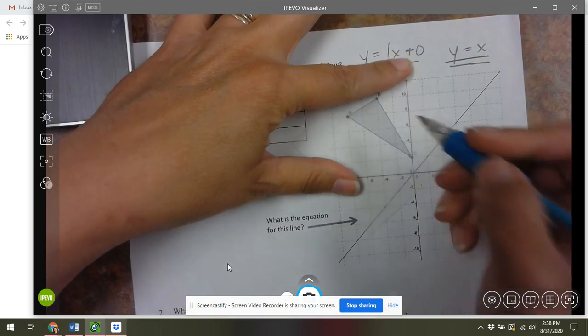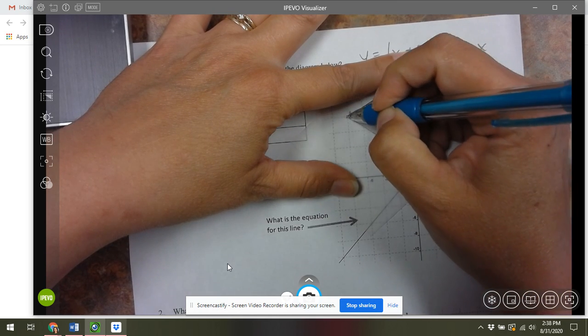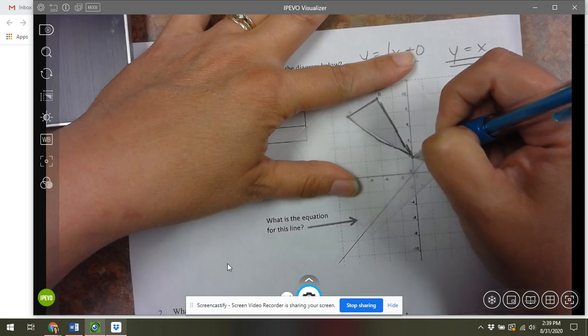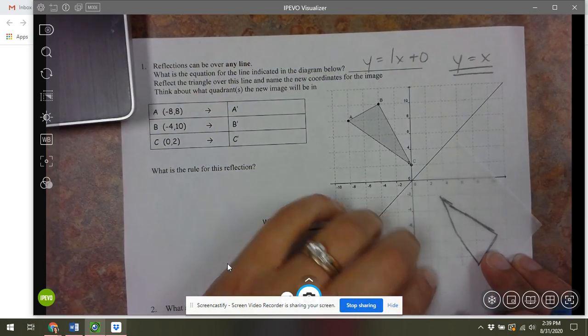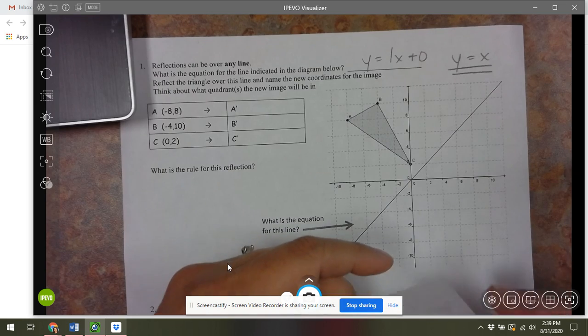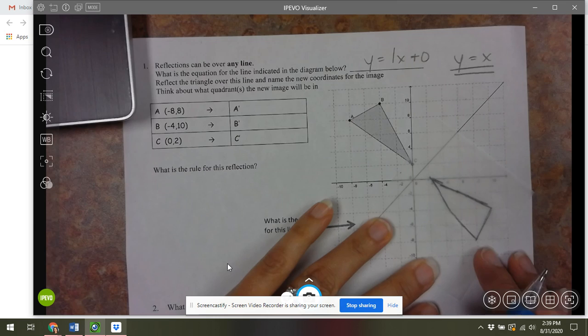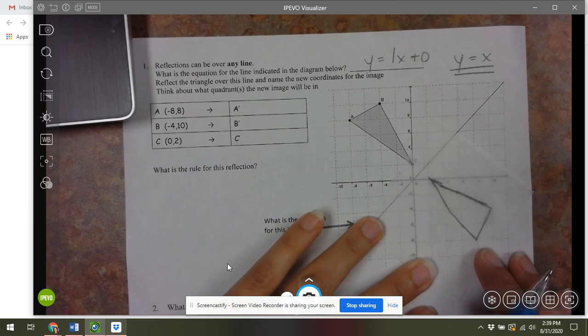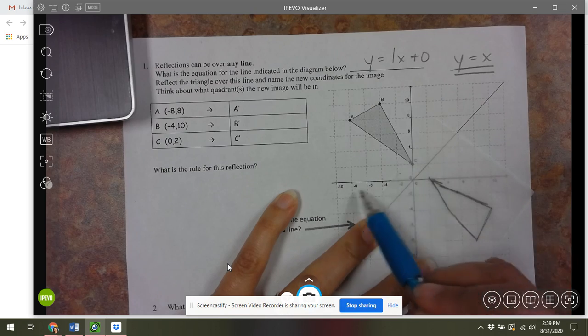So maybe it would help you if I drew it and then flip it. It's going to be down here. Okay? So what happens to those points? It's going to be somewhere down here. What happens to the points? Well, negative 8, 8.